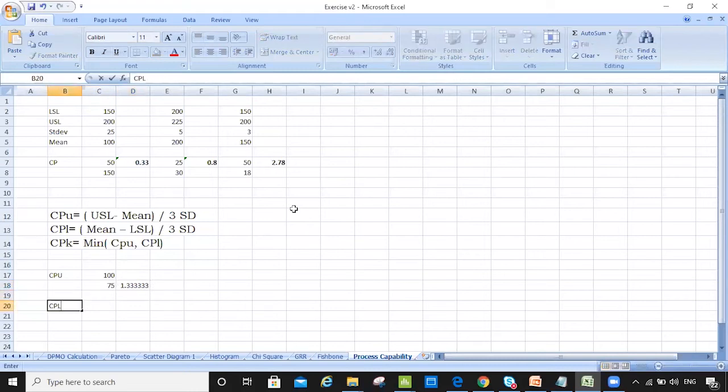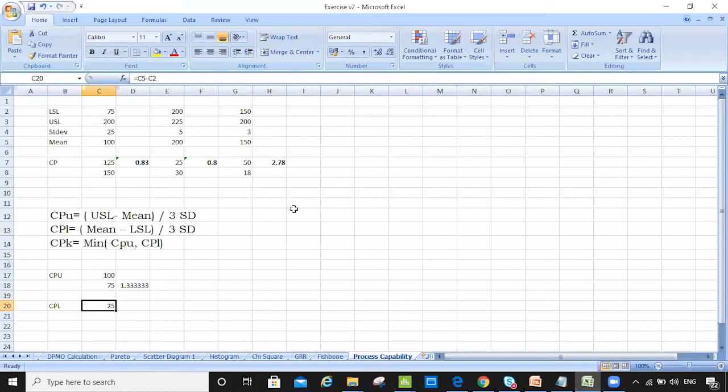Now I have to calculate CPL. This is mean minus LSL. Mean is 100 minus LSL is 150, so it is negative, which is not possible. So we have to give something like 75 here.